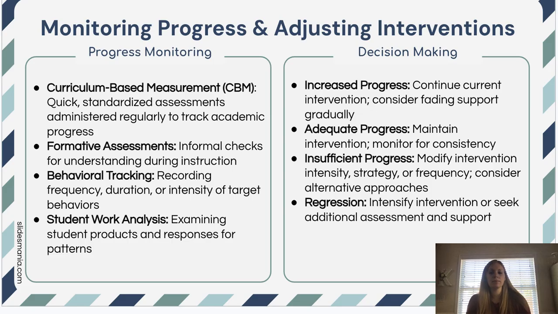And then decision making. So always look for the progress. So if you see increased progress, then continue the intervention, but you can either gradually fade out. But if you're continuing to go through the tier 2 process for MTSS, then you'll want to move on to another skill. And then adequate progressing.